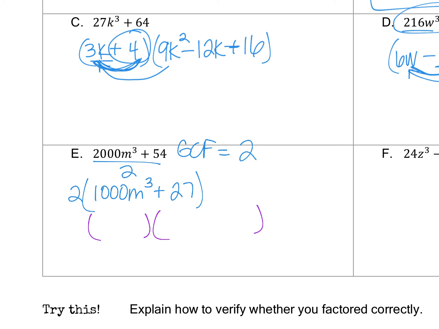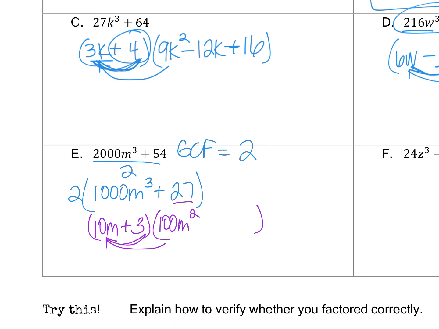The cube root of 1000 m cubed is 10m. 10m times 10m times 10m gives me 1000 m cubed. Cube root of 27 is 3. We use the same sign. And then I'm squaring my first term. 10m times 10m is 100m squared.